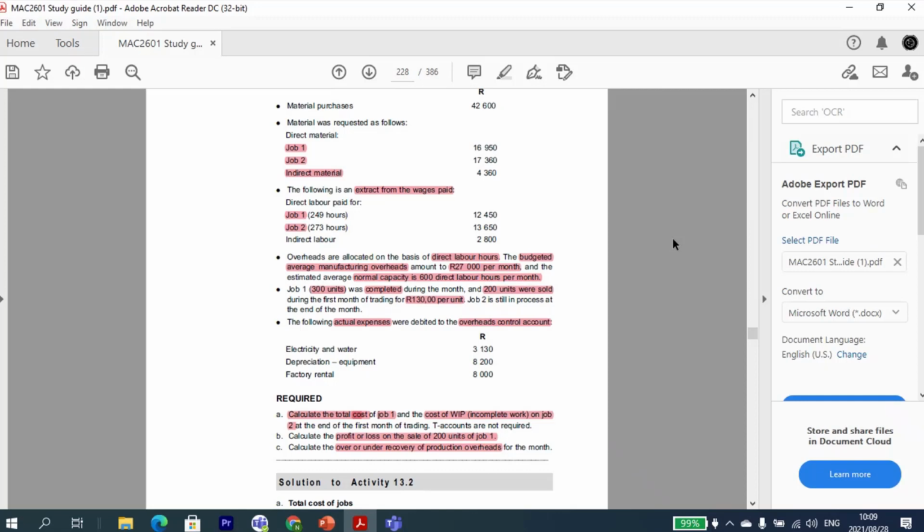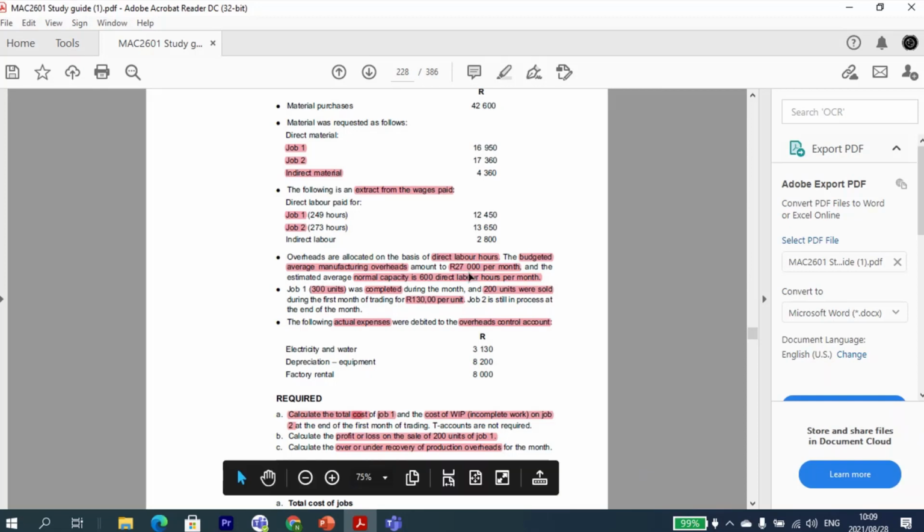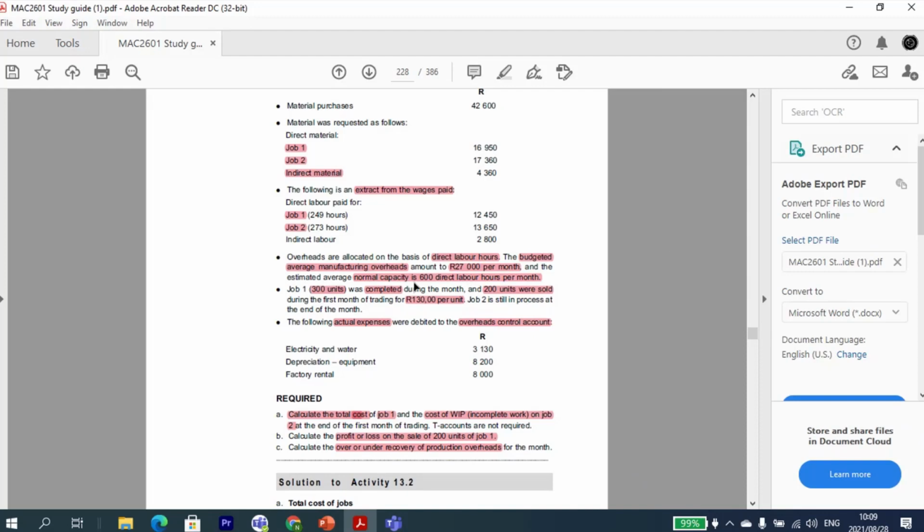So that's why we had to take the 27,000 for both products and find how much is paid per hour. Okay, so because we were given how many hours we're supposed to work on job 1 and job 2, we got the 45 rand per hour.